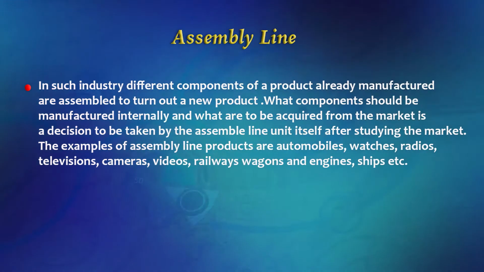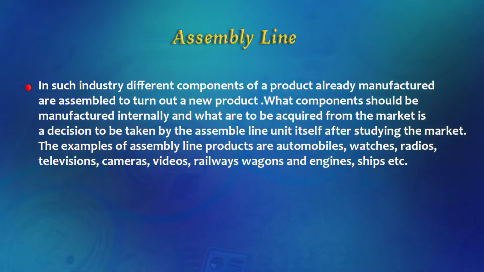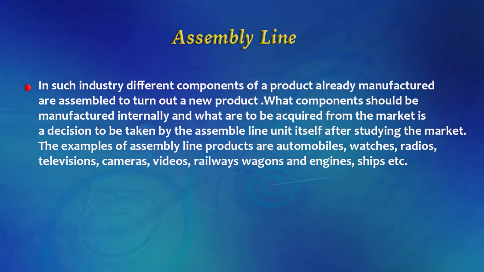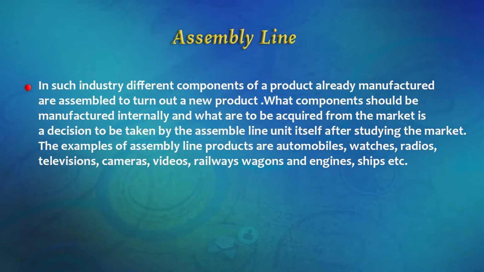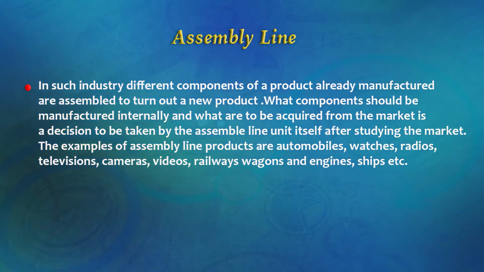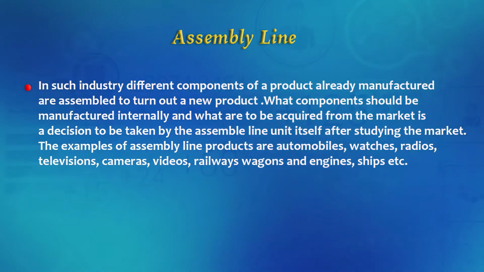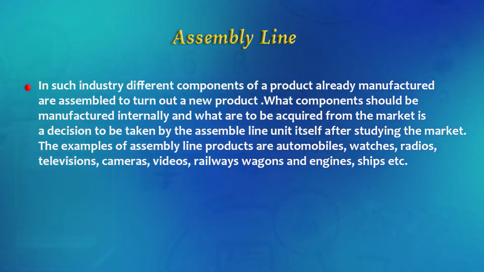Assembly line industry. In such industry, different components of a product already manufactured are assembled to turn out a new product. What components should be manufactured internally and what are to be acquired from the market is a decision to be taken by the assembly line unit itself.